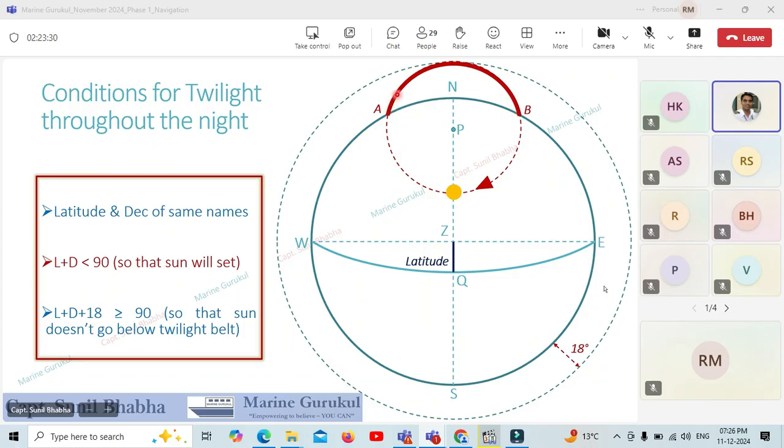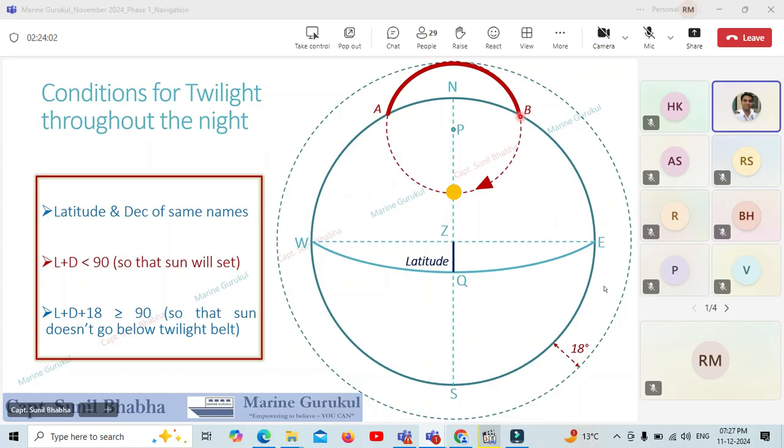From point A, the sun travels up to this point and then goes up to point B. When the sun reaches point B, point Bravo, it is going to be the sunrise again, and the sun is going to come above our horizon. The duration of the night for this observer is from point A going up to point B. Alpha to Bravo represents the night for this observer.